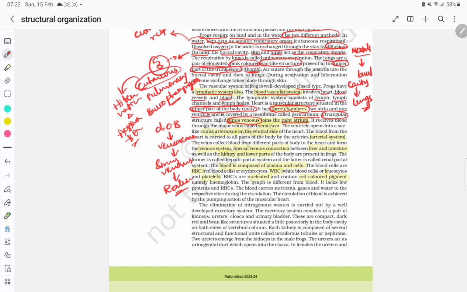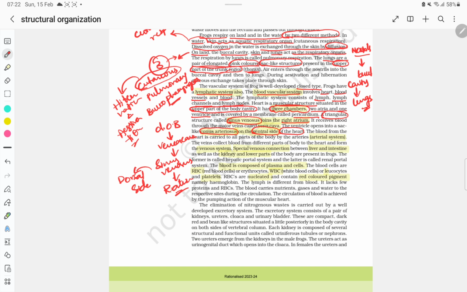Next one is the conus arteriosus. This conus arteriosus is present on the ventral side of the heart, while the sinus venosus is present on the dorsal side.